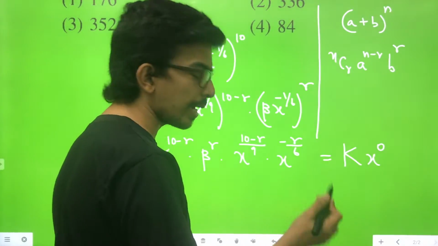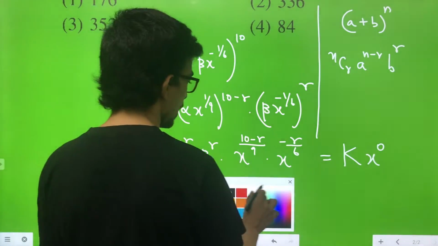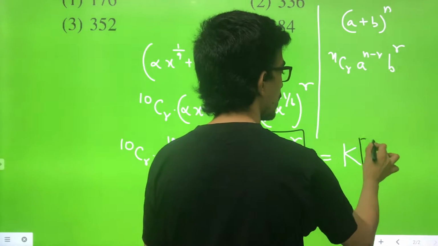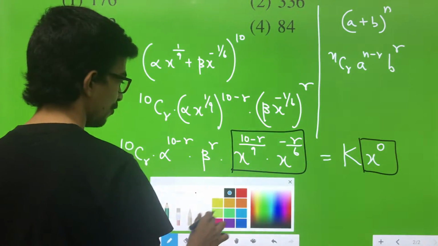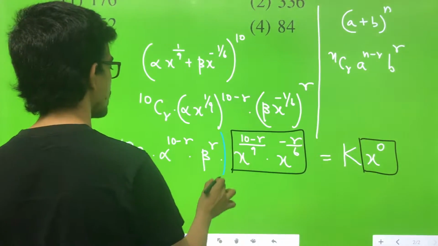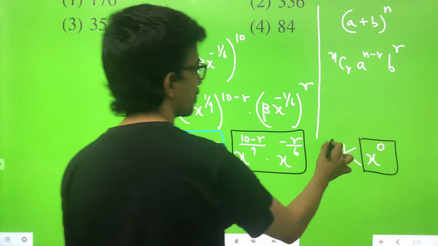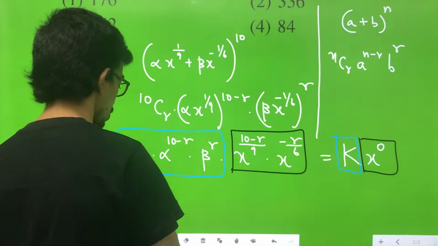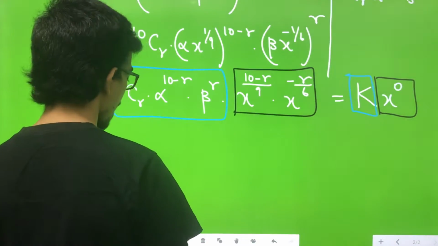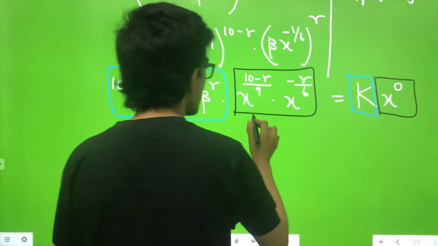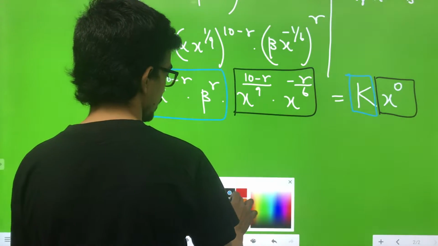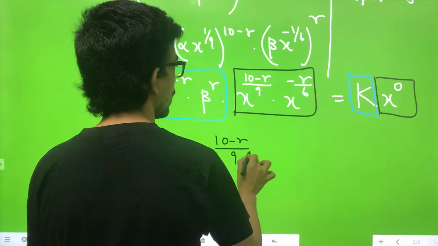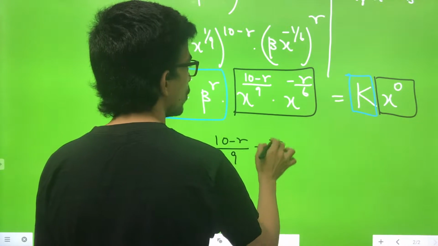Now you're just comparing what and what. You can compare the x part. Good. So now we have 10 minus r by 9 minus r by 6 as the power of x.